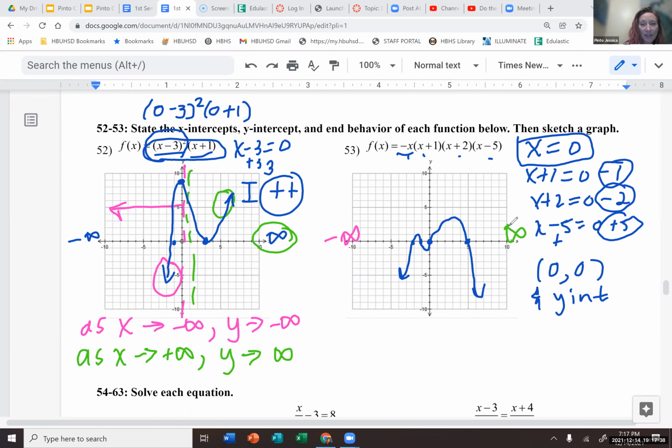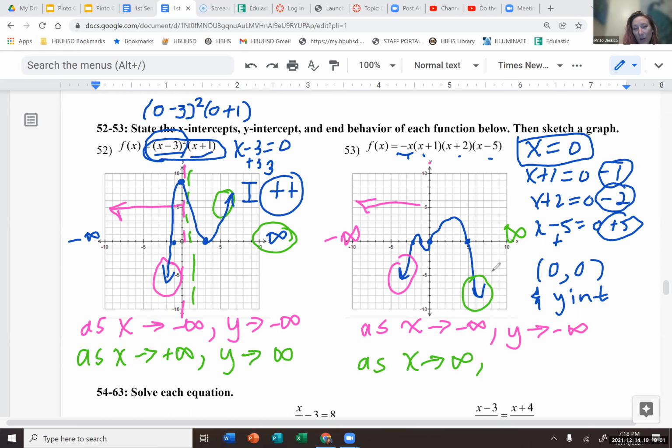So again, we'll look at the x going towards negative infinity and then positive infinity over here. So as x goes towards negative infinity, I can see that the y value is also going towards negative infinity. And then on the other side of the graph, as x goes towards positive infinity, here's the y value on this side.